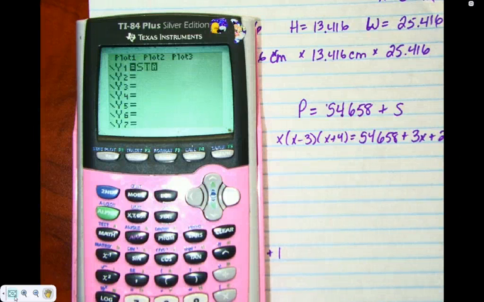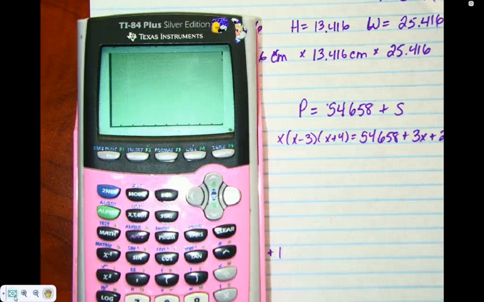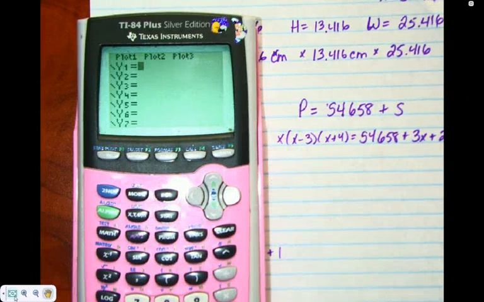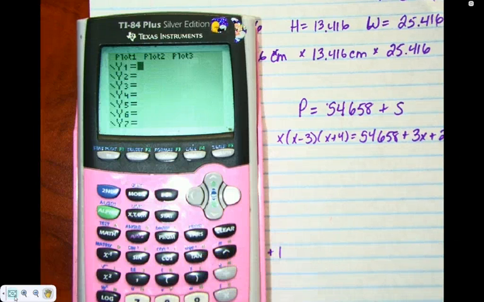S, T, U. Where's the F? F. There we go. Stuff. It depends how you've stored them in your calculator. Now, what would you really like me to put into y1?